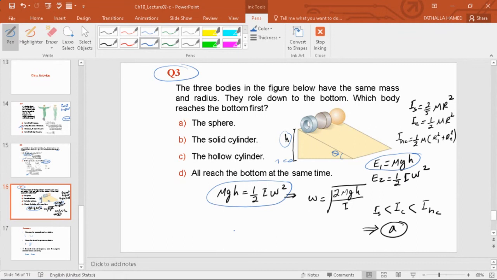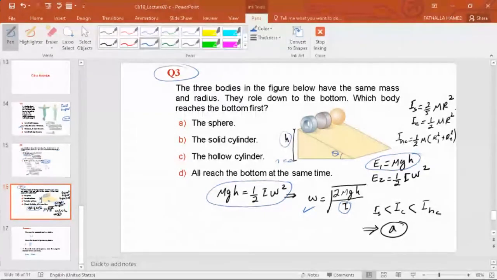If you want to get your omega, you multiply by 2, cancel the half, and divide by I. So mgh over I, times 2, equals omega squared. Your omega will equal the square root of 2mgh divided by I, where I is the moment of inertia. Now, you look at which one will have higher omega. That's the one that's going to reach first.